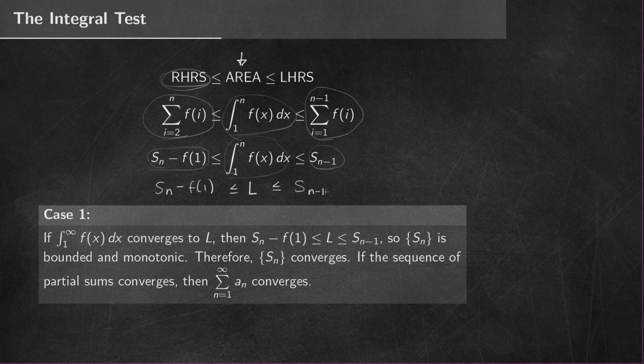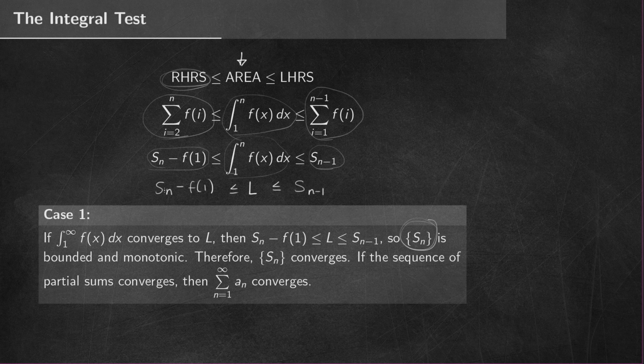So the sequence for s sub n, this sequence of partial sums, is bounded and monotonic. It's less than or equal to L plus f of 1, so it's bounded above, and it's bounded below. We could say it's bounded below by 0.